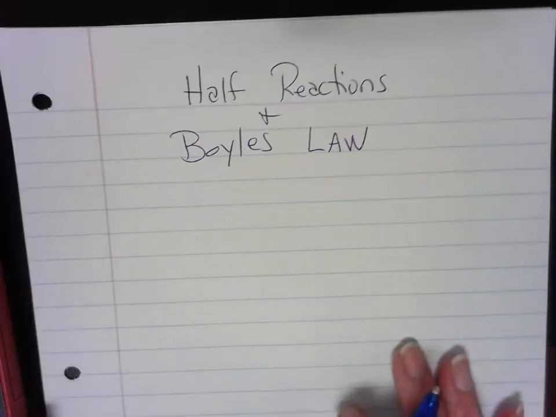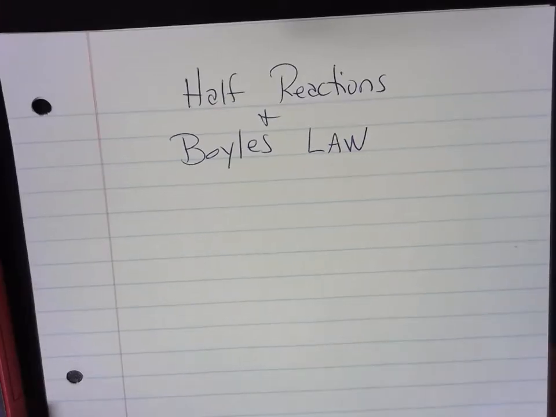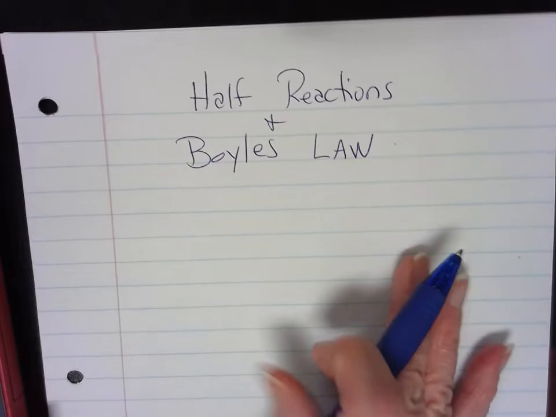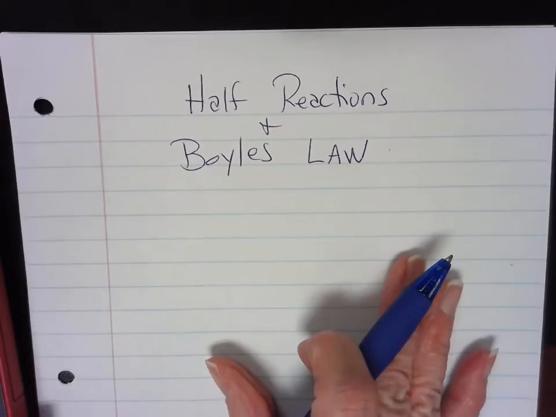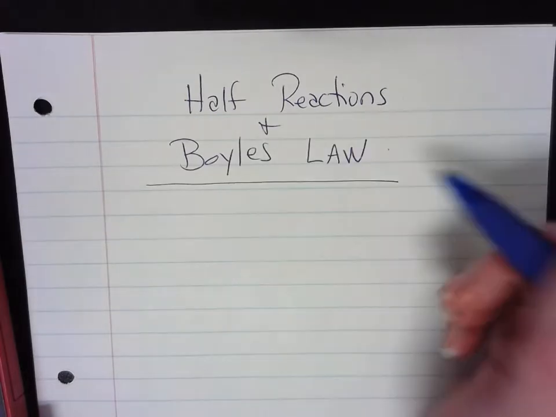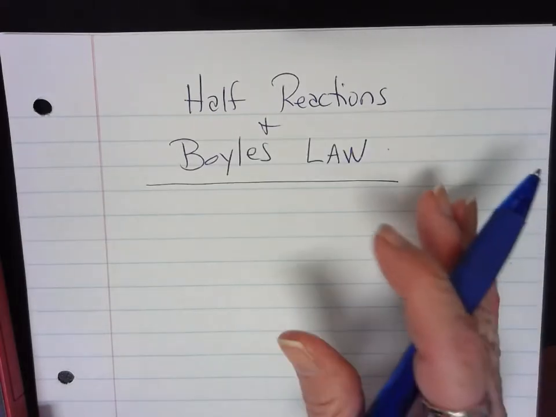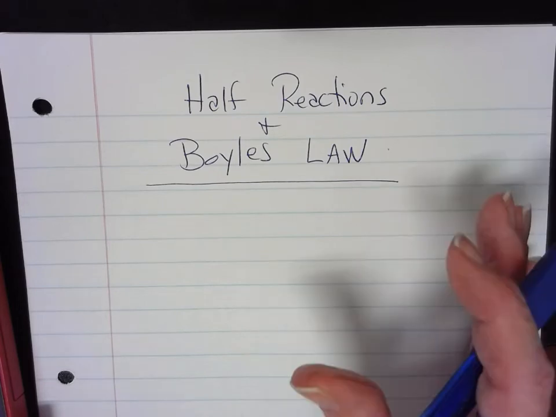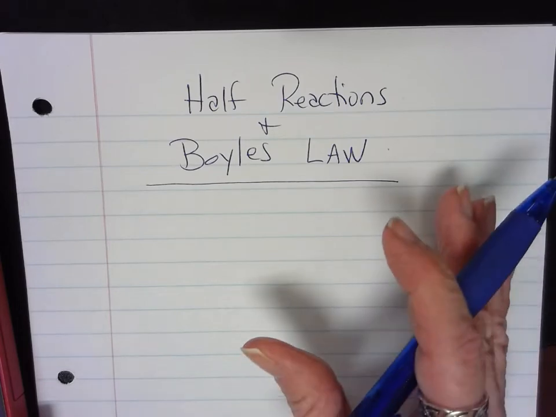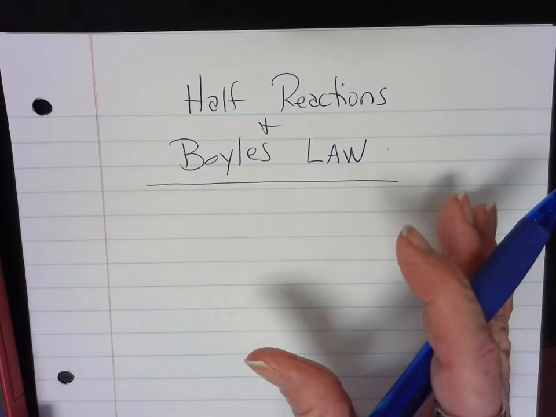Right. Now, these two things we've not done in here, half reactions and Boyle's Law. You probably did Boyle's Law in physical science. Remember, this is not meant to be a super hard course, okay?